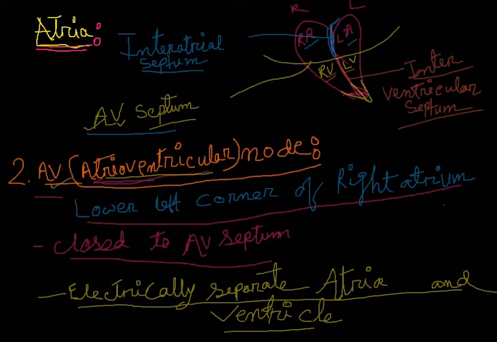Hence AV node has great importance in the right atria, that is, in the heart. Impulse is generated at SA node, and impulse is transmitted from SA node to AV node. This is all about atria.